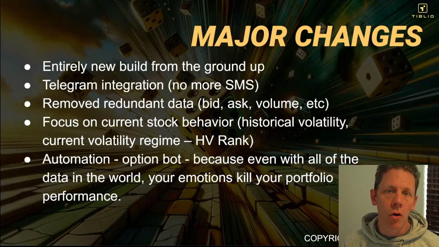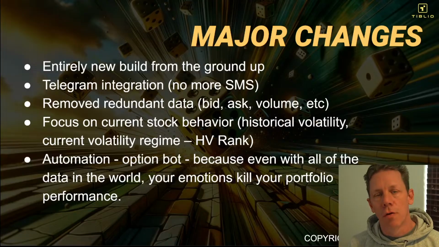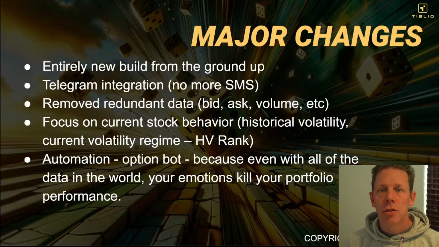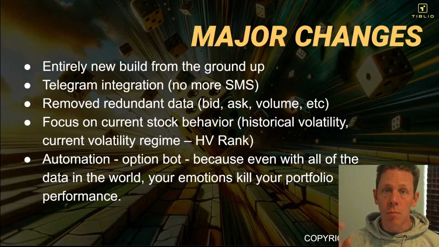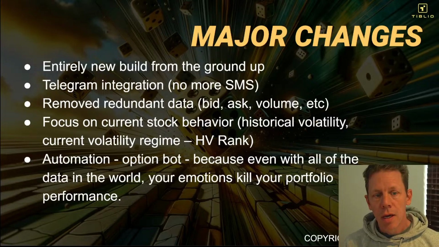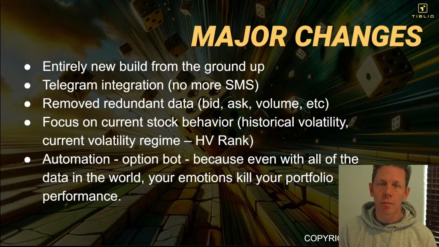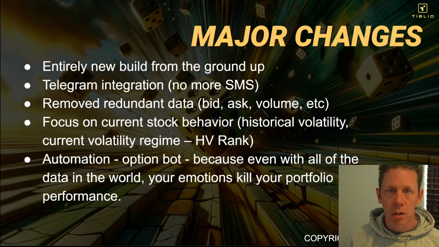And then we rewrote and rebuilt the screeners really to shift the focus from implied volatility to historical volatility. Implied volatility is what the market makers are pricing in right now. The historical volatility is how this stock has performed over the last year, say.